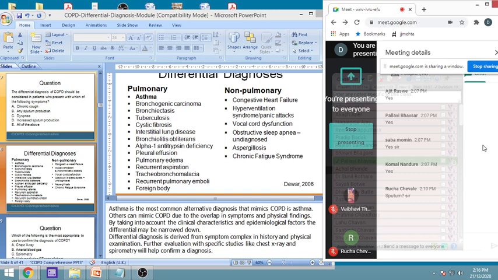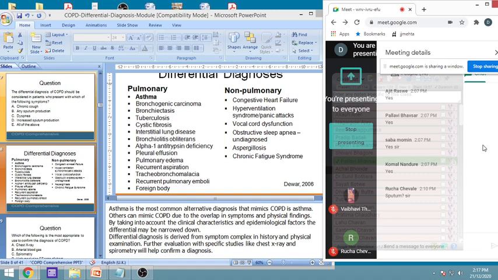Then alpha-1 antitrypsin deficiency, which is important for the recoiling activities. Pleural effusion, pleura you know is the outer covering, there is a pleural secretion that is effused out, and that is causing a problem. Pulmonary edema is one of the problems.